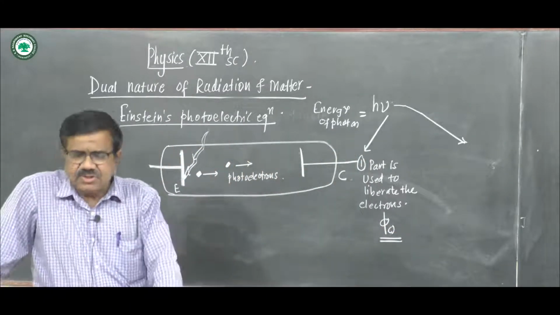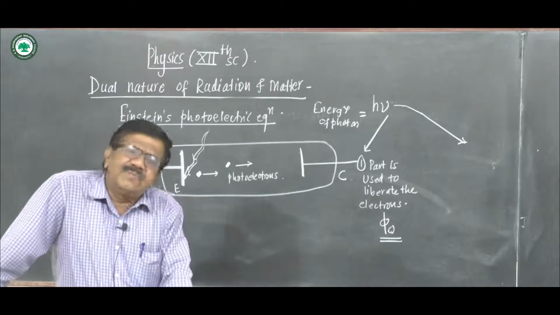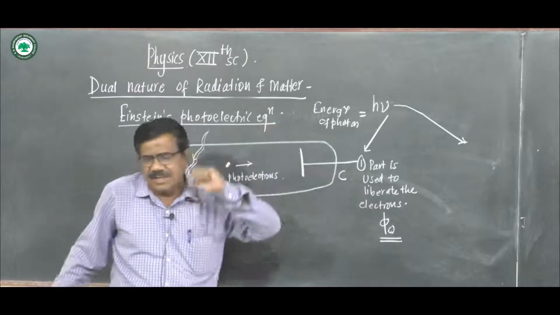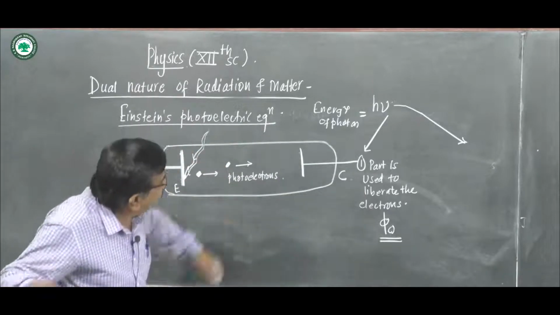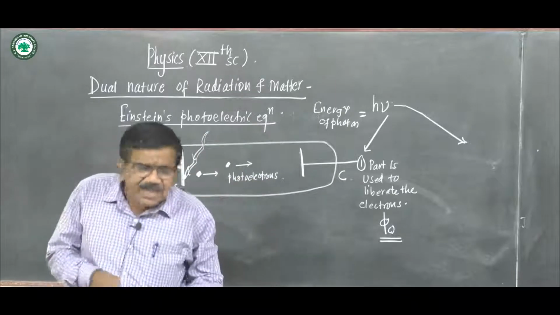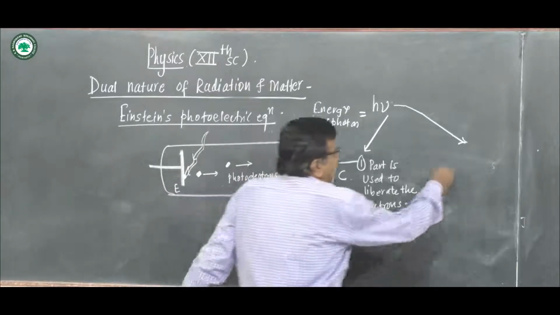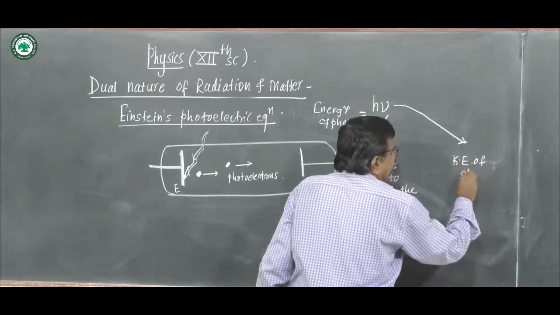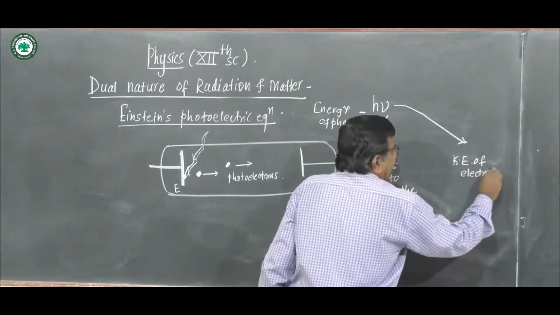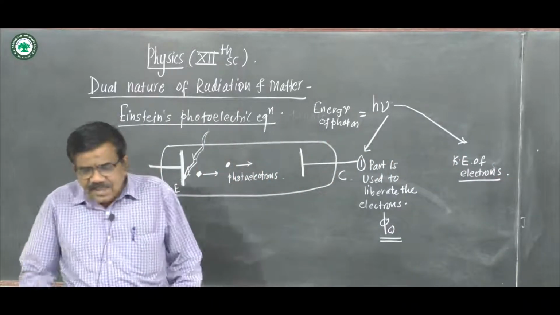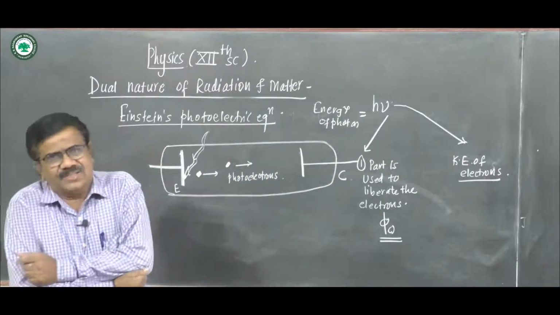Part of the energy is used by the electron to liberate itself from the atom, and that part is the photoelectric work function. The remaining part of this h nu appears as kinetic energy of the electrons.